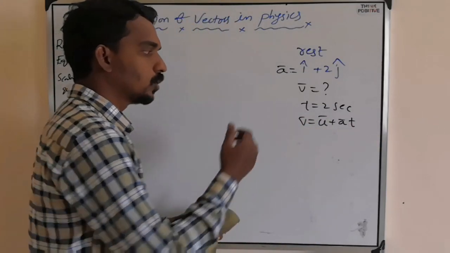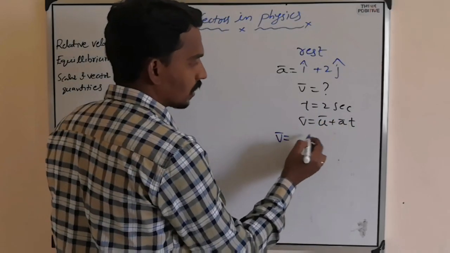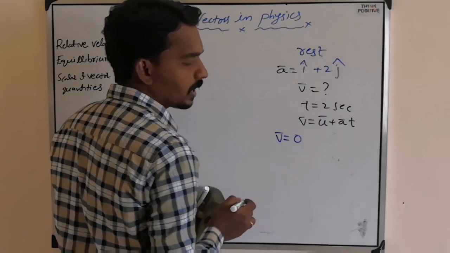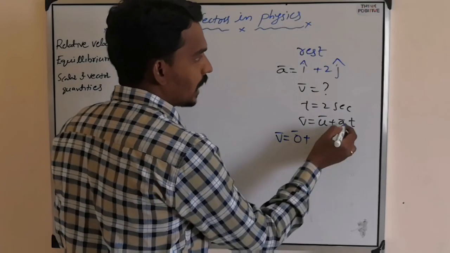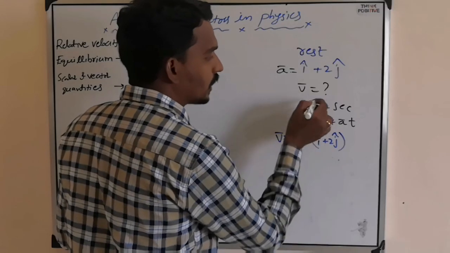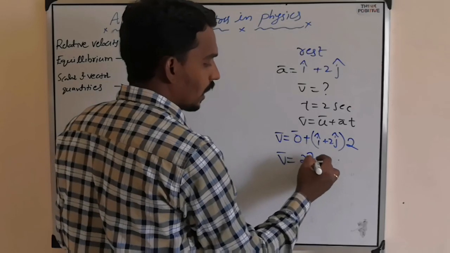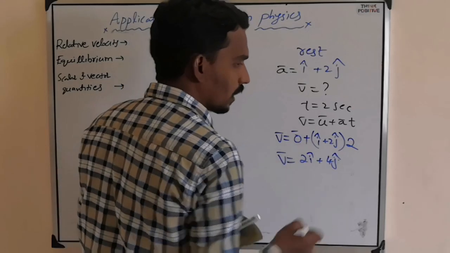V bar equal to U bar plus A bar into T. You need to find V bar. U bar is 0 because starting from rest, plus A bar, given I cap plus 2J cap, into T. T is 2. So V bar will become 2I cap plus 4J cap.